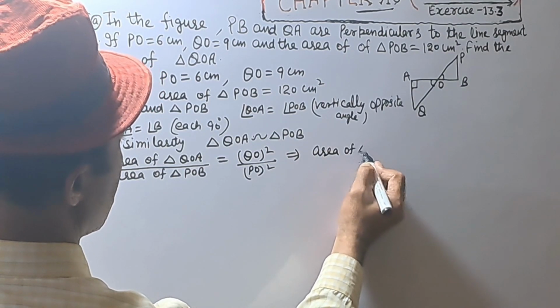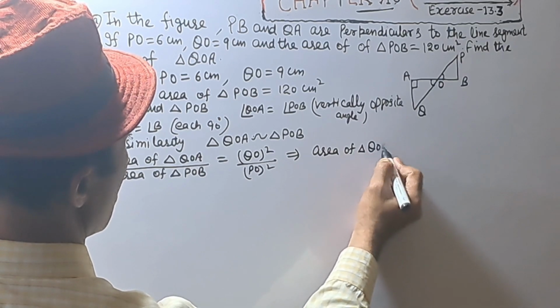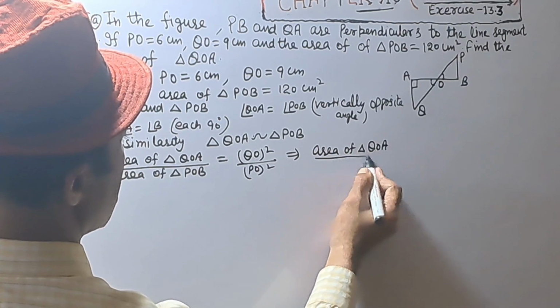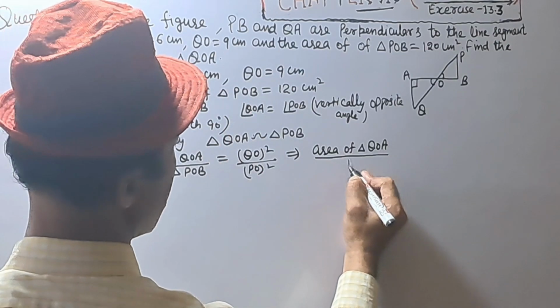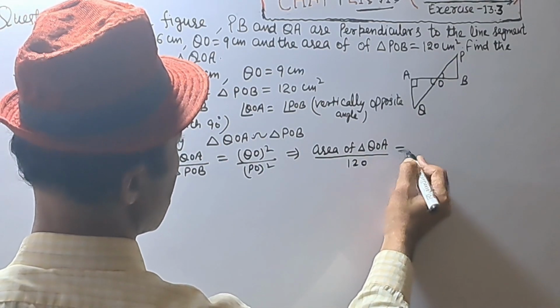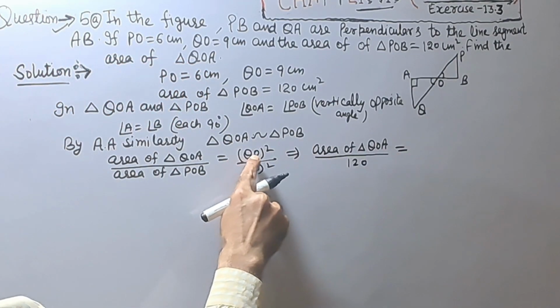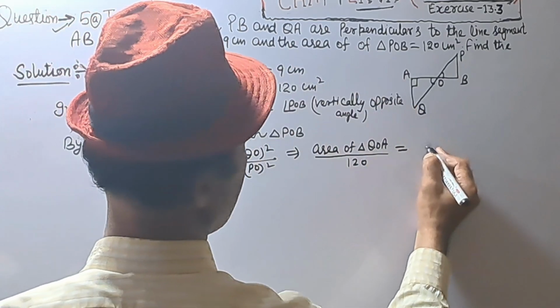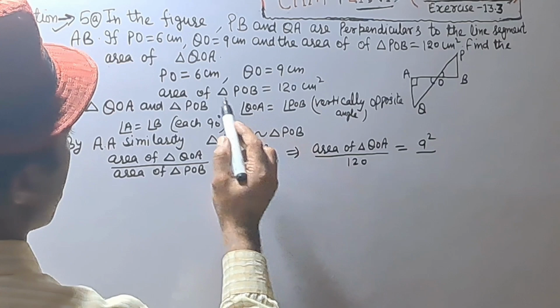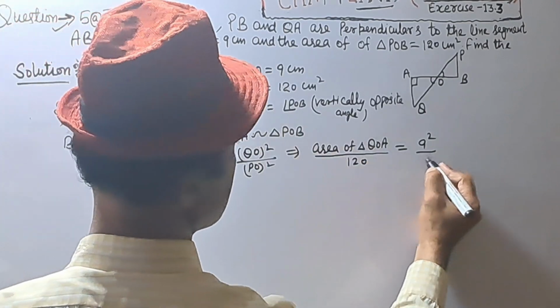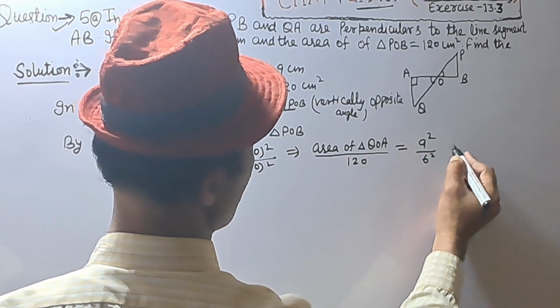Area of triangle QOA divided by area of triangle POB, 120, is equal to QO square, 9 raised to power 2, divided by PO square, 6 raised to power 2.